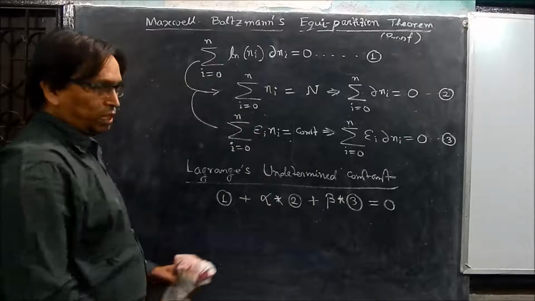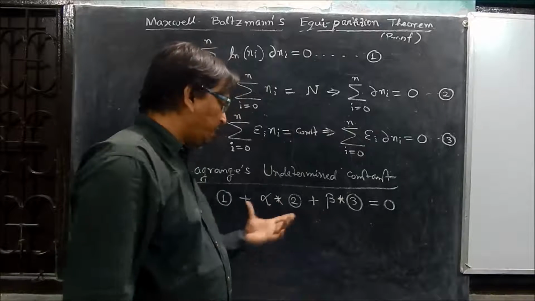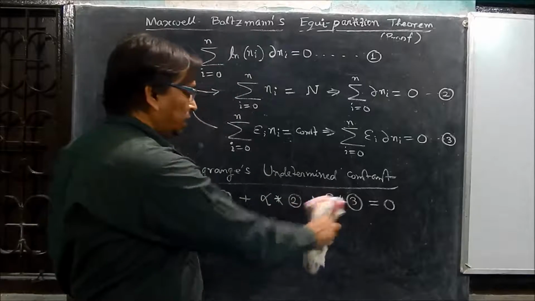These are undetermined constants, meaning we do not know their values, but we have to find the values such that this condition holds good.